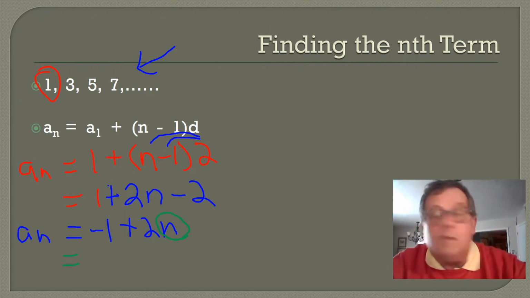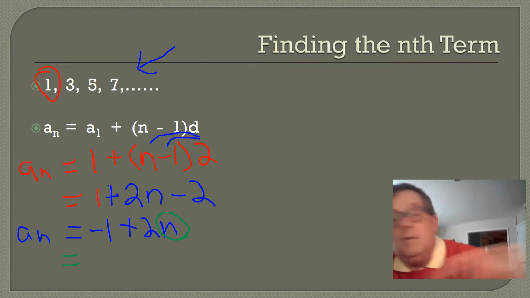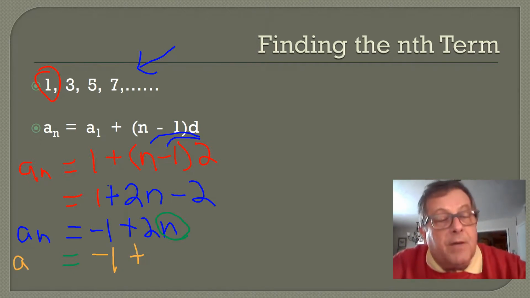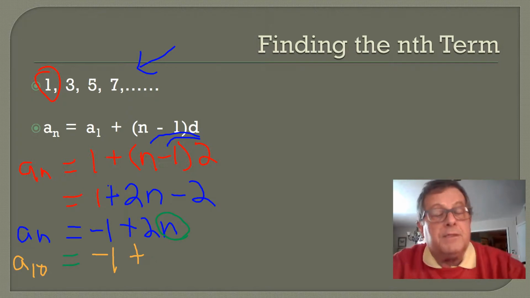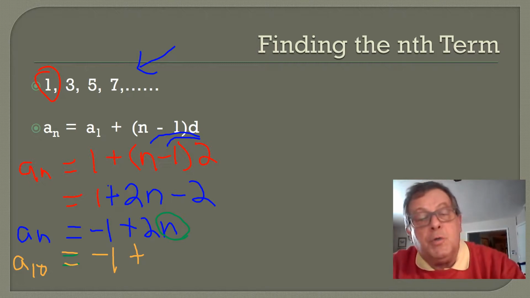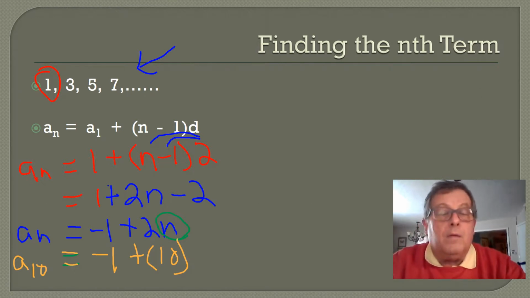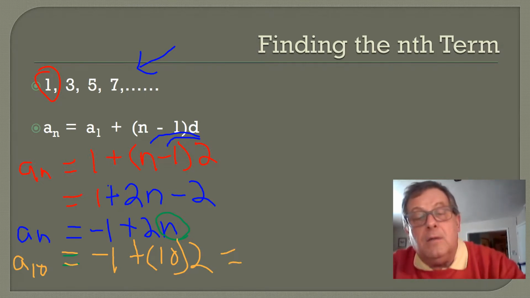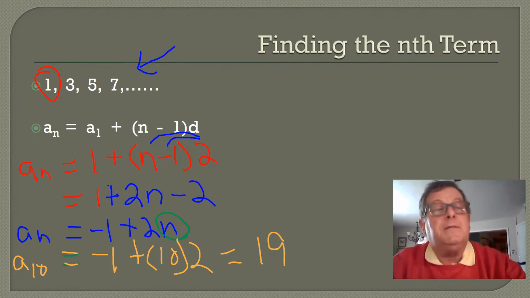We've got a sub n equals minus 1 plus 2n, and we want to know what the 10th number of the sequence is. So minus 1 plus 2 times 10. Well, 2 times 10 is 20, and 20 minus 1 equals 19. And so the 10th number of this sequence should be 19.